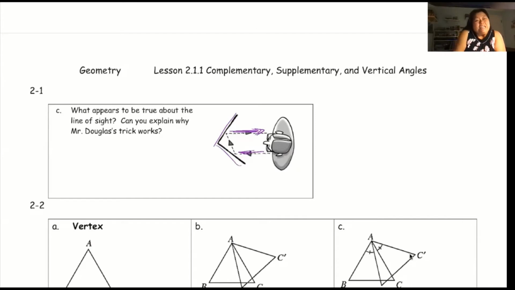One thing I think maybe why his trick works, he's looking in a mirror, so there's a reflection there somehow, right? So I'm guessing there's some reflection in there. I see the two lines of sight, so his eyes are looking this way, right?